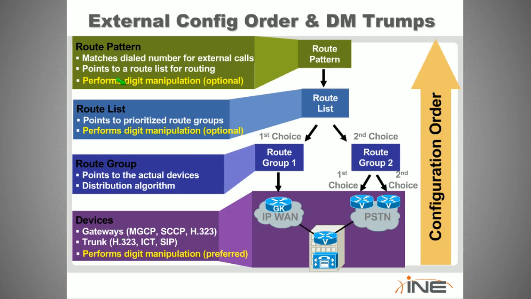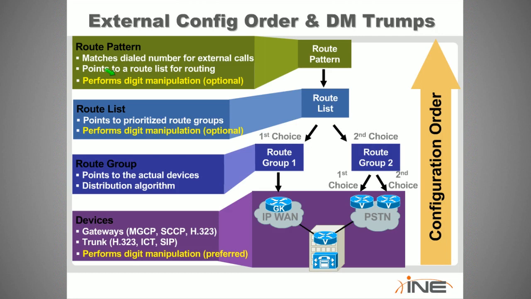So we're going to look here in just a moment at all three of these possible digit manipulations, and which is a trump to what. What you should know is that there is no anding with digit manipulations. There's no compounding.